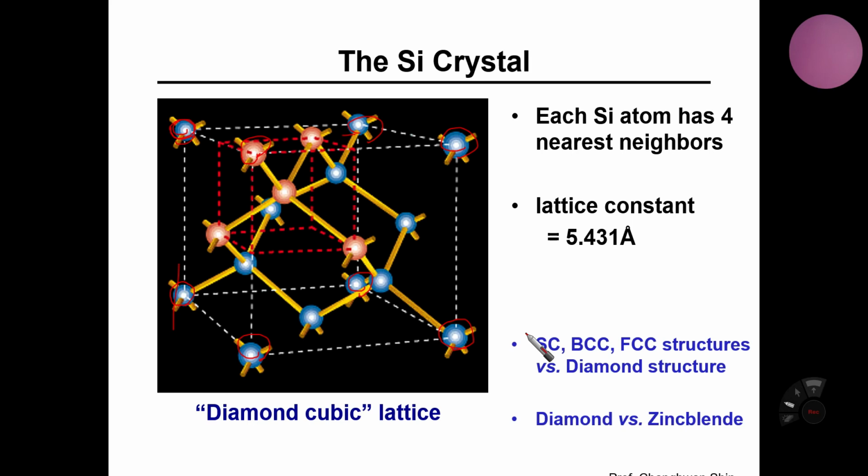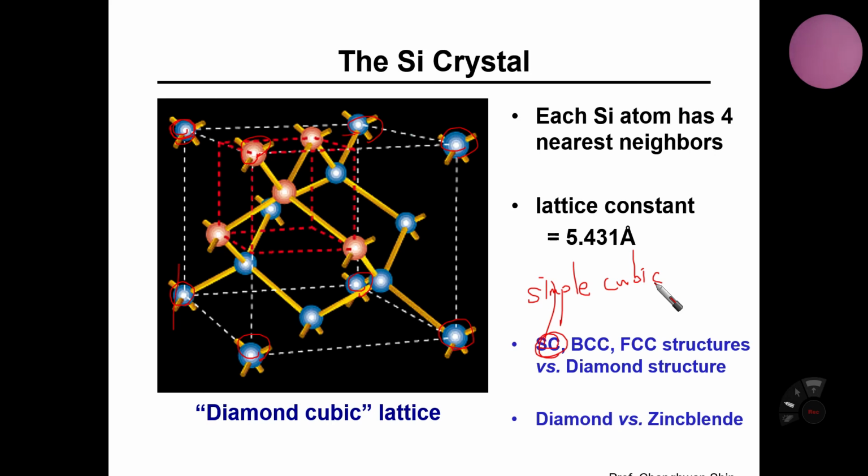What if a certain material follows this type of rule to build up its own material system? Then we can say that this material has a simple cubic structure. Simple cubic indicates this white colored dotted line builds up a unit cell, which corresponds to a simple cube.